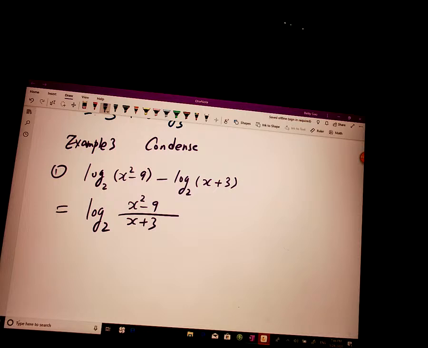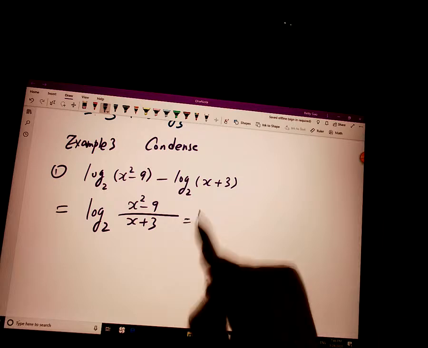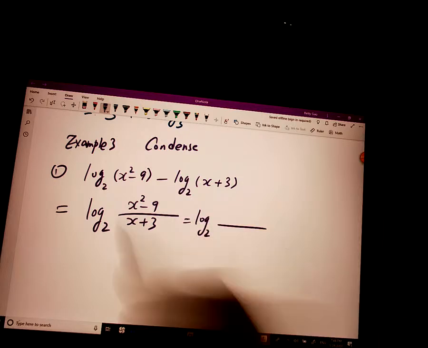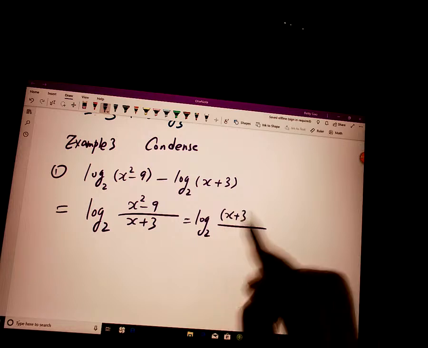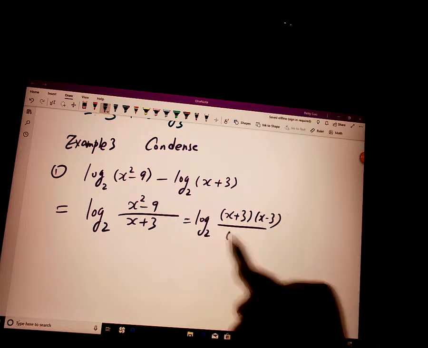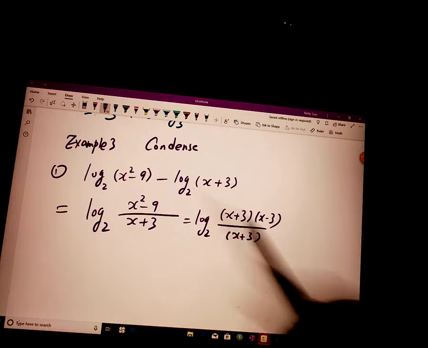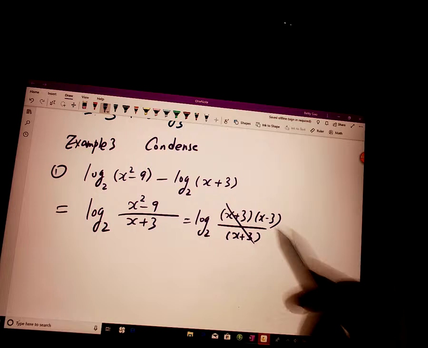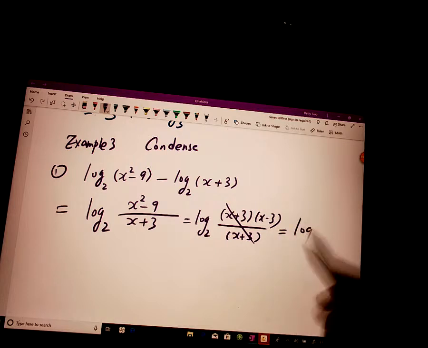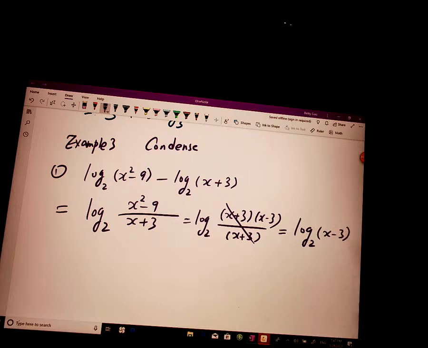The first argument goes on the top, the second argument goes on the bottom. In this case, the numerator can be factored as x plus 3 times x minus 3, and we are able to cancel those two factors. And we have log base 2 of x minus 3.